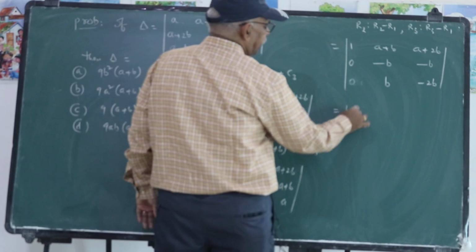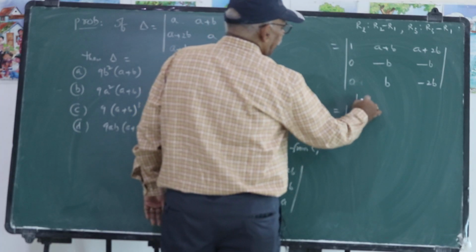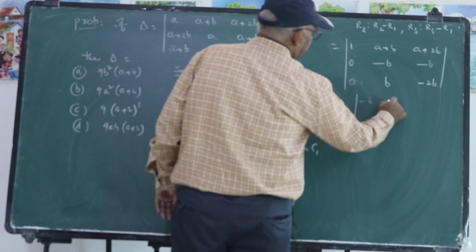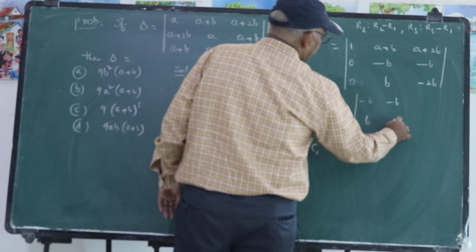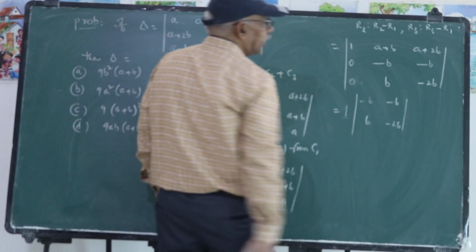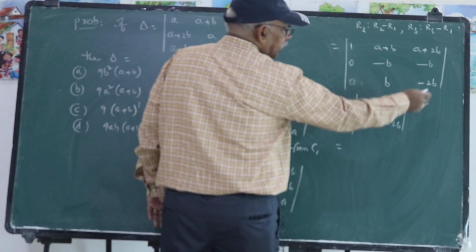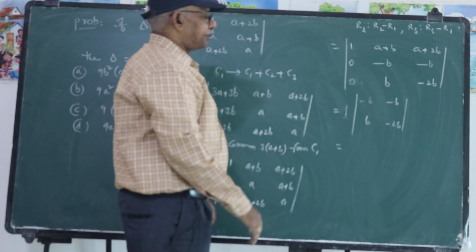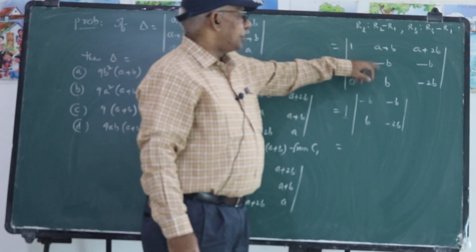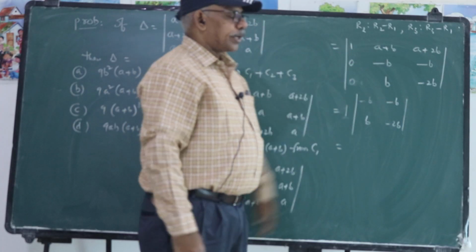We get 1 into the determinant of minus b, b; minus b, minus 2b. Because the other two elements are zeros, the values are zeros, so we get only this 2 by 2 determinant.